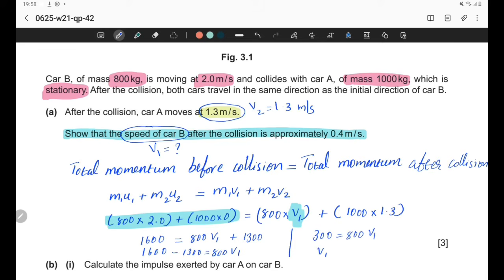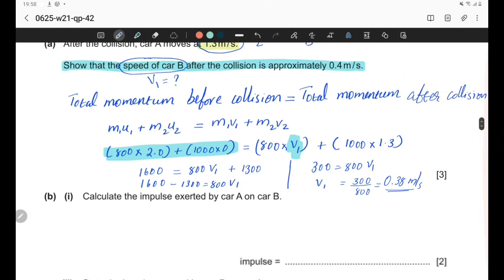So v1 is equal to 300 over 800, and the answer in two significant figures is 0.38 meters per second. So this is the final velocity of car B, or the first car.